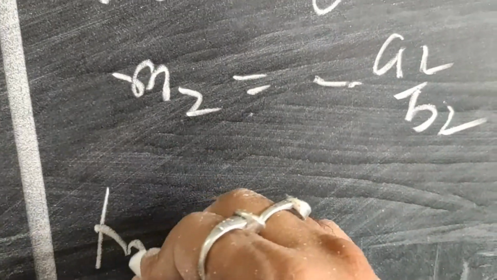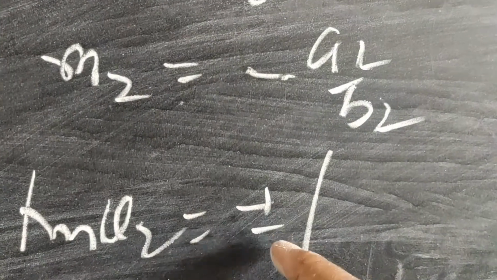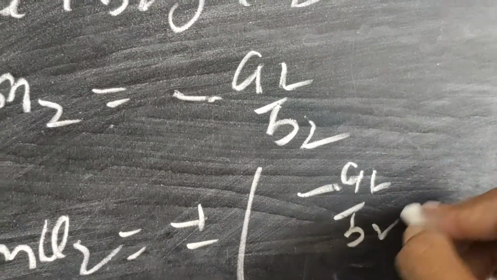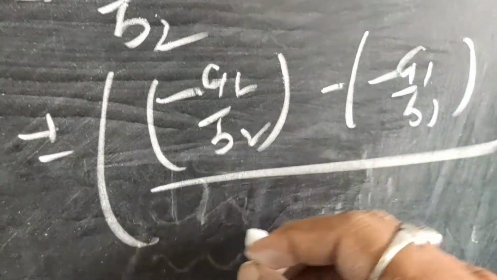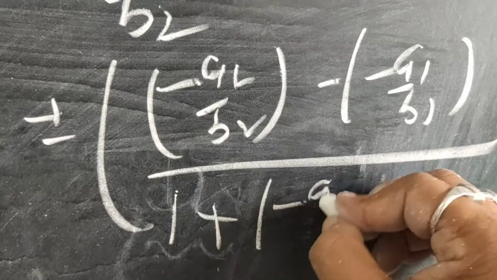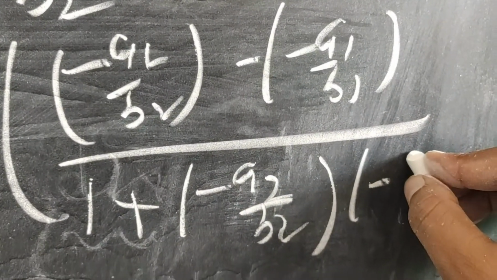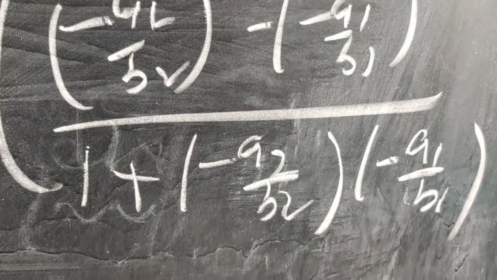So using this formula, tan theta equals plus minus, plus for acute angle, minus for obtuse angle, we put m2 equal to minus a2 upon b2 and m1 equal to minus a1 upon b1. This way we can derive this formula. We can solve the questions using this formula also.